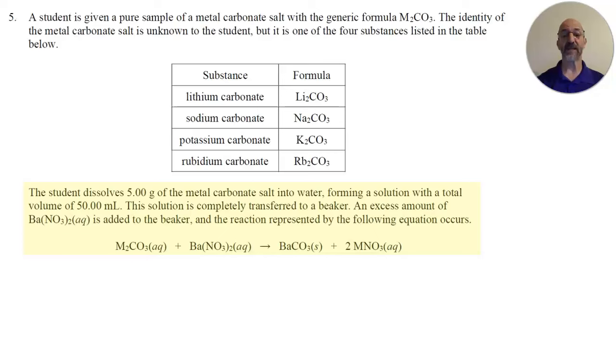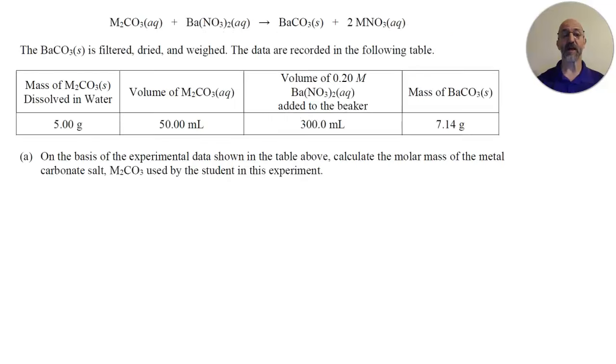Now, a precipitate can be filtered and dried and weighed, and that's what happens in this experiment. So the barium carbonate solid is filtered, dried, and weighed, and the data are recorded in the following table. Now, in this data table, I see 2 masses.